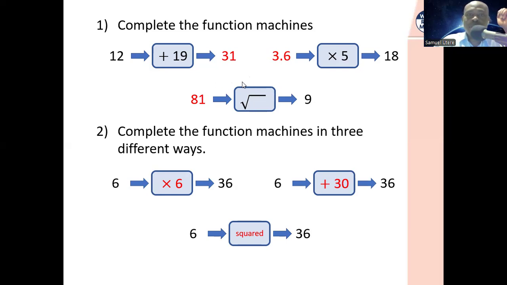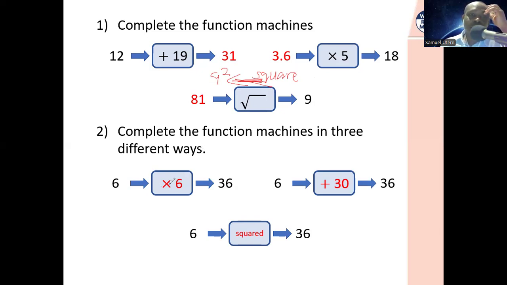So going from here to here, we have to square because that's the inverse of square root. So we square 9. So 9 squared is going to be like that, and that's 81.